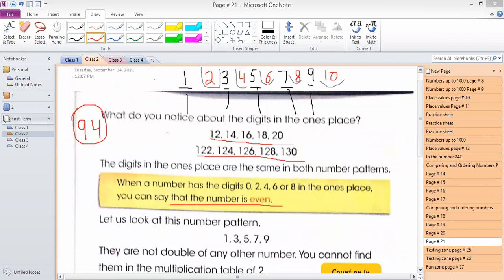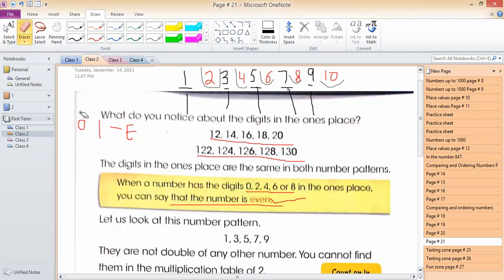How do you know? Because in 94, the last digit is 4 and 4 comes in the table of 2. Or you also know that if the last digit is 0, 2, 4, 6 or 8, that also means that number is even. So 94 is an even number.